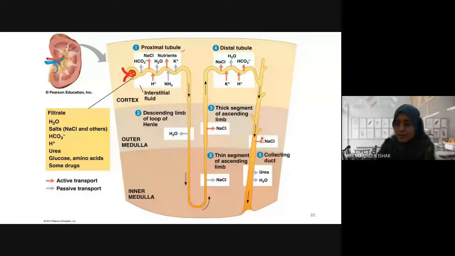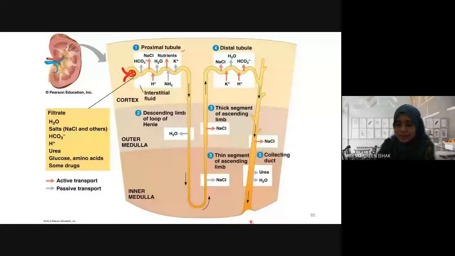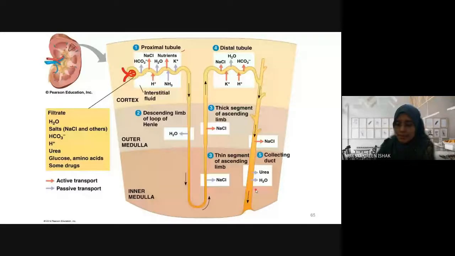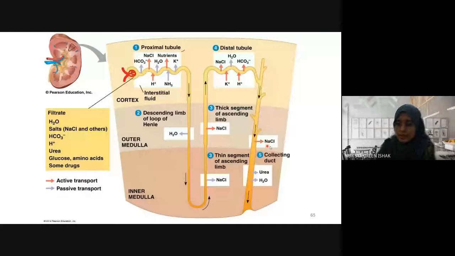Sodium chloride reabsorbs, urea reabsorbs, you produce hyperosmotic urine, concentrated urine. Okay, vice versa, if you want to produce dilute urine, so there will be no reabsorption of water. Okay, you produce diluted urine and you are going to move sodium chloride out of the filtrate.